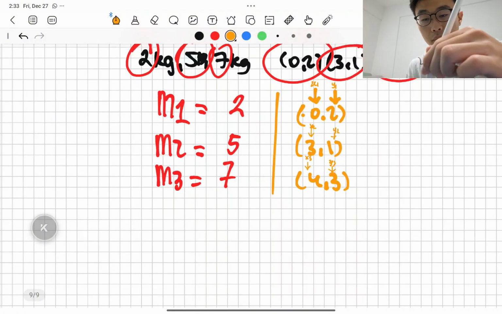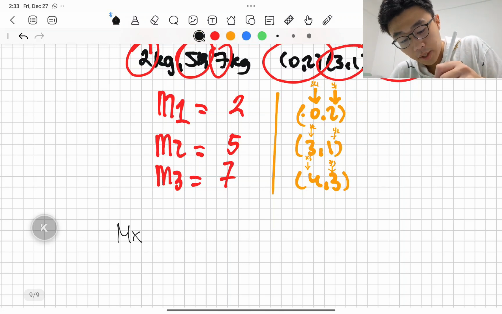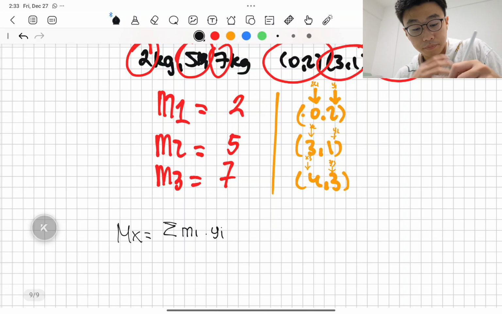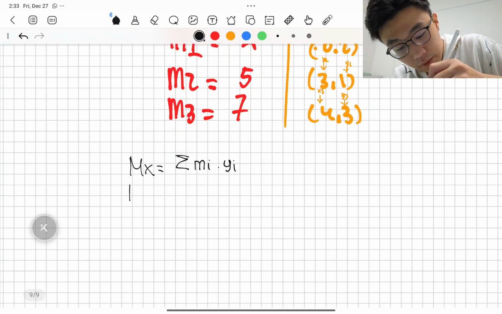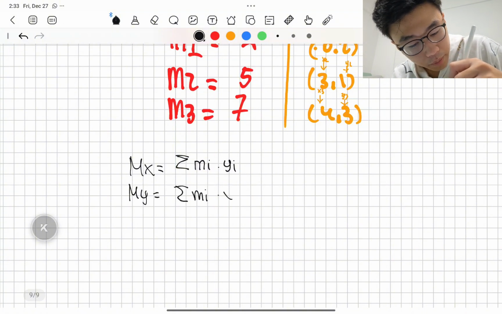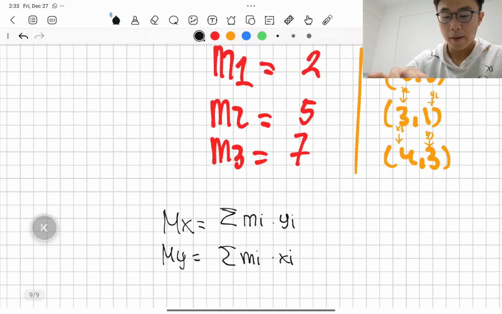The moments, like we have said before, are Mx, which equals the sum of mi multiplied by yi, while for My it is the sum of mi multiplied by xi. So what is Mx?